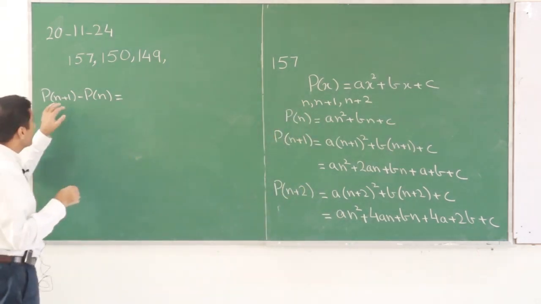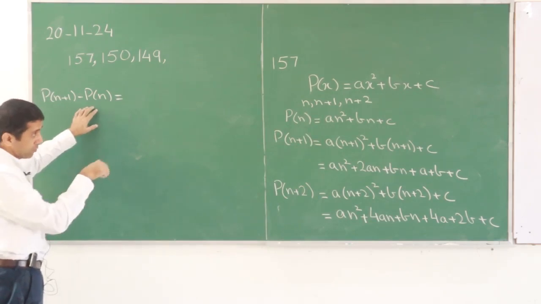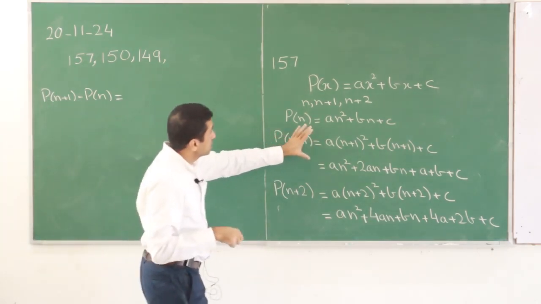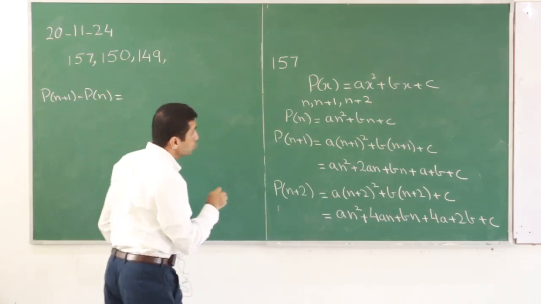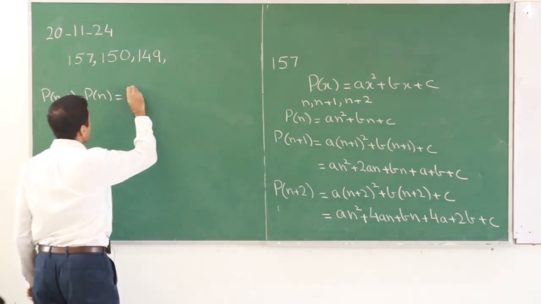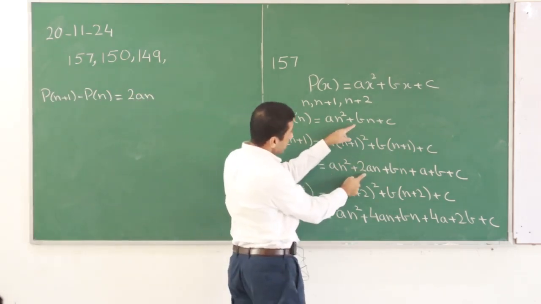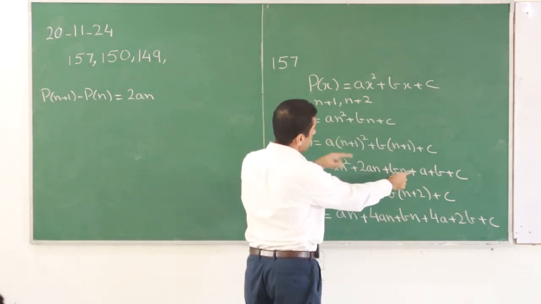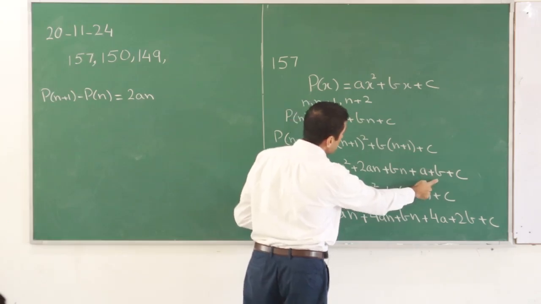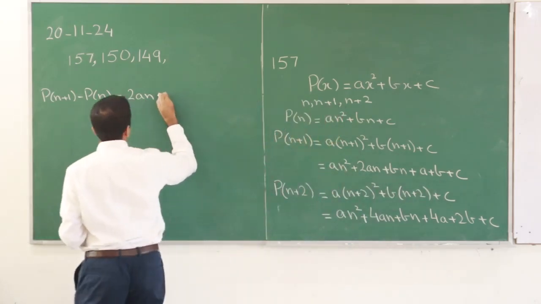Okay, so now P of n plus 1 minus P of n, if you look at the differences, the a n squared gets killed. I get 2an plus a plus b, and that's it.